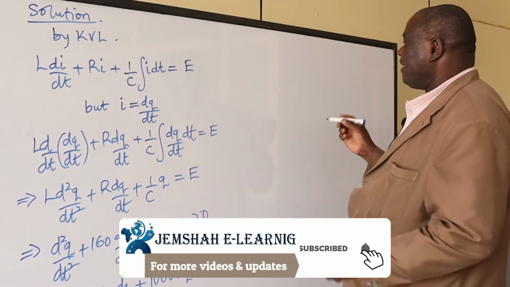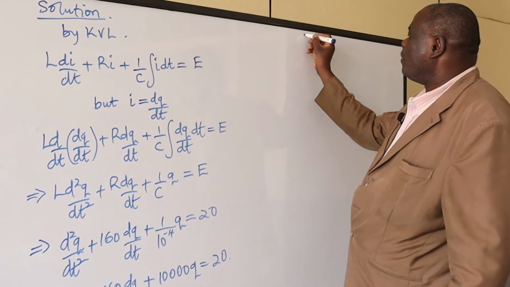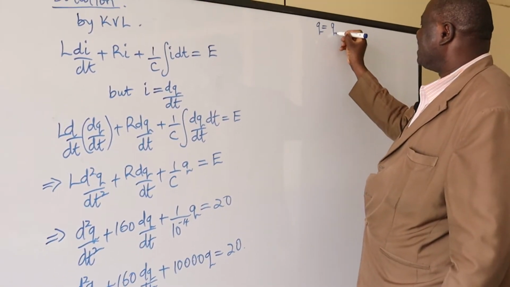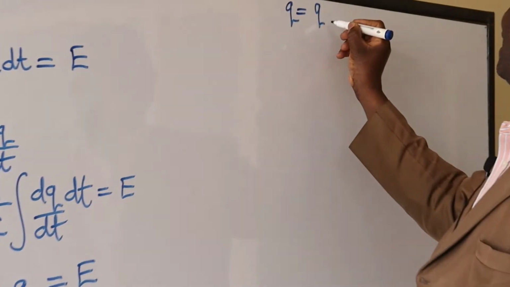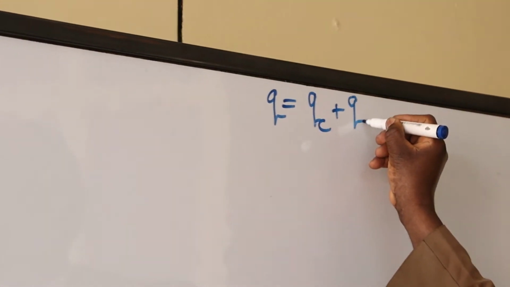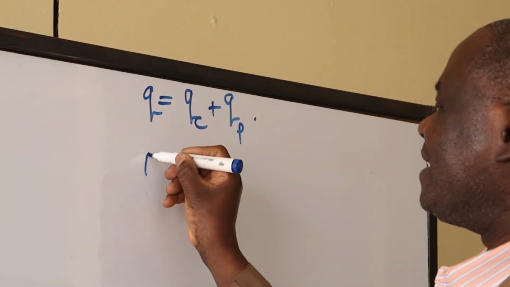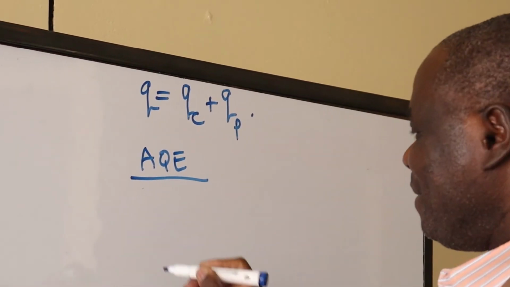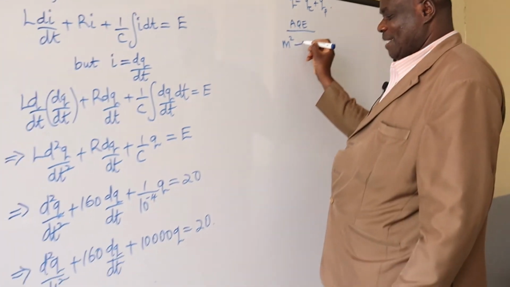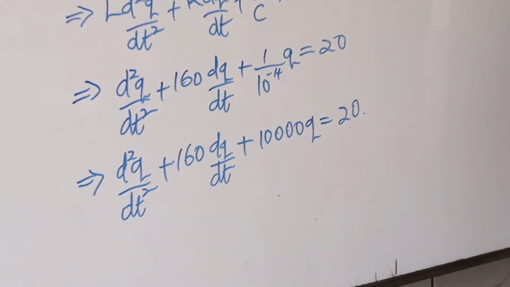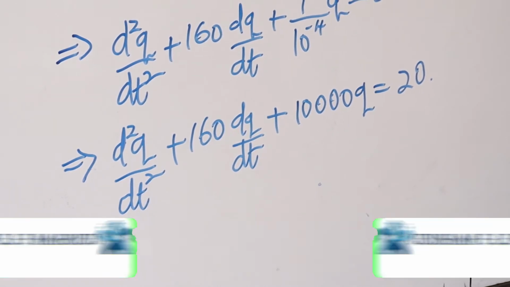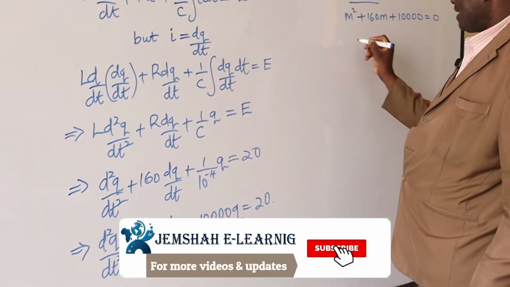So, this is a second order differential equation. We know our Q will be equal to QC plus QP. The auxiliary quadratic equation, as we can see from here, will be m squared plus 160m plus 10,000 equals 0.